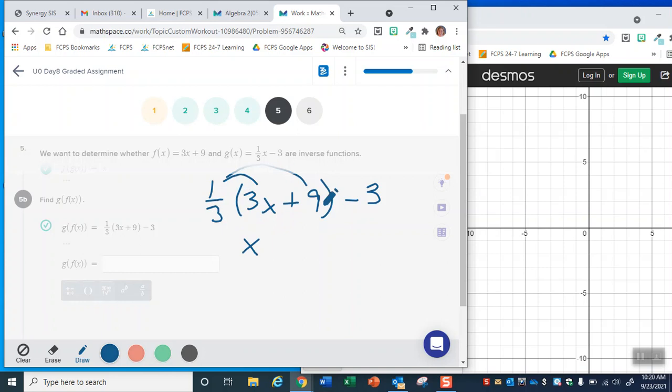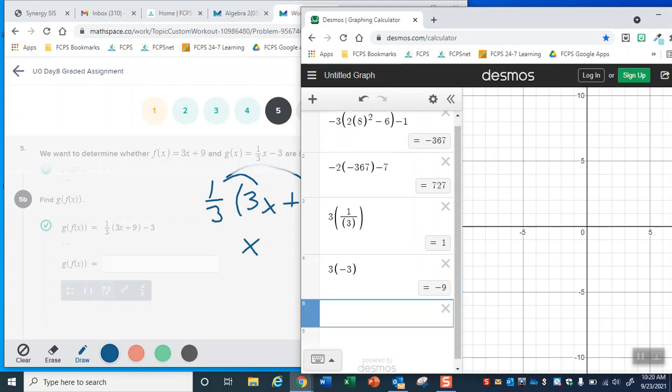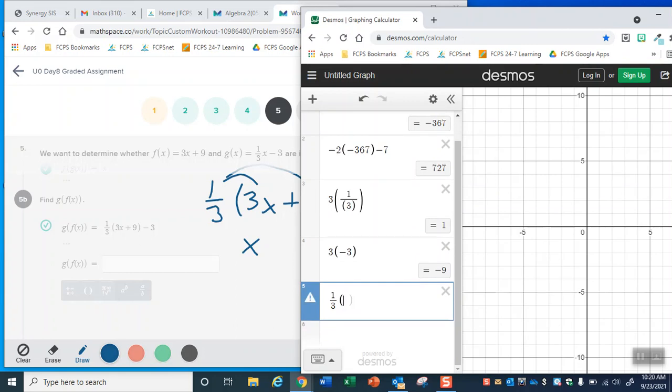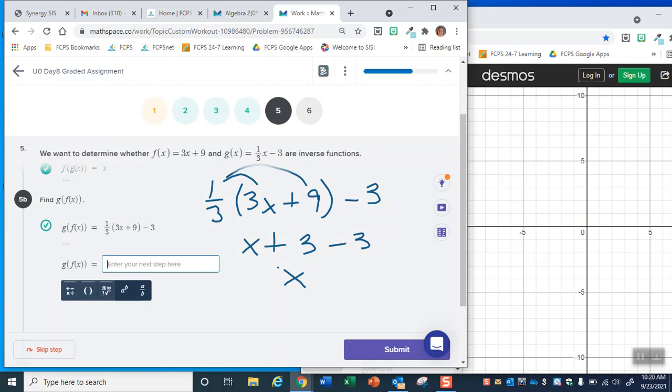And then 1/3 times 9, I do that on Desmos. 1/3 times 9 is 3. 1/3 is kind of like dividing by 3, actually. So that gives me a plus 3, and then I have this minus 3. So plus 3 minus 3 is 0, so this would just be x.